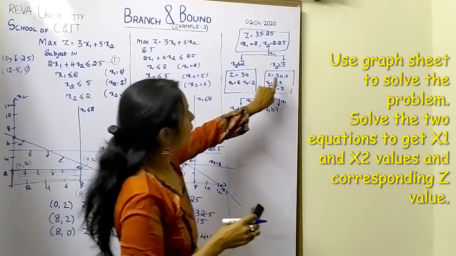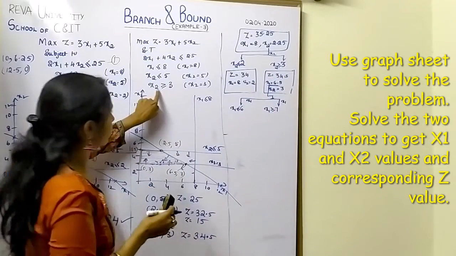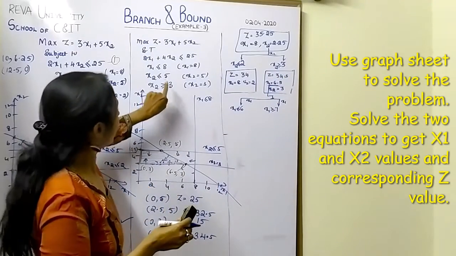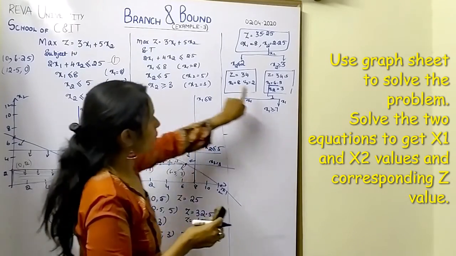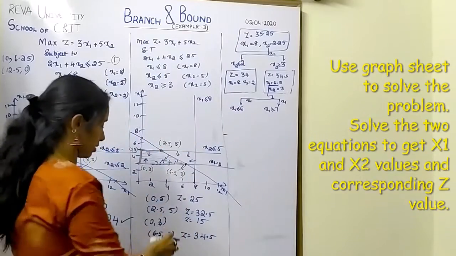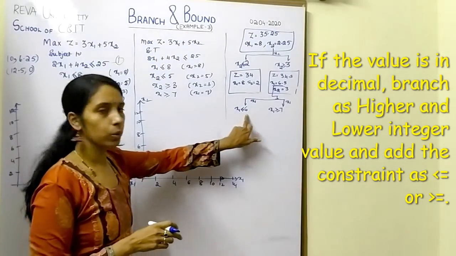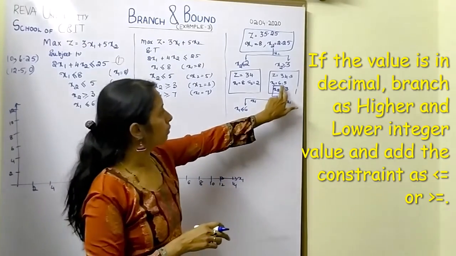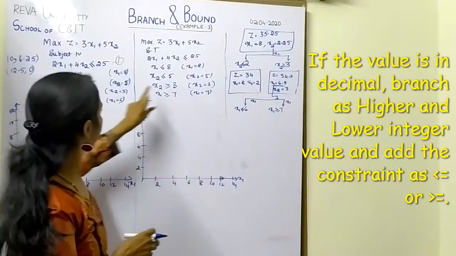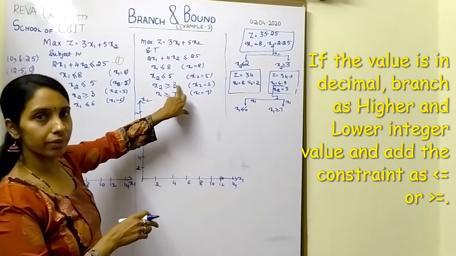So again, consider x2 greater than or equal to 3. Along with this, add one equation, and one more equation will be this. Include these equations along with the constraint x2 greater than or equal to 3 here as well as here.